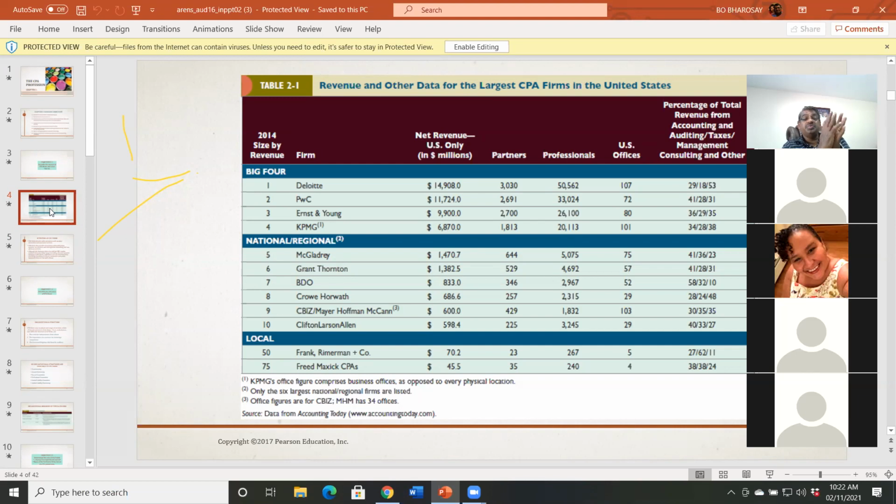If you look at BDO Seidman, number 7, 58% of their revenue comes from accounting and auditing. So accounting and auditing is a major sector where most accountants and CPAs work, but few people in the public are aware of that.